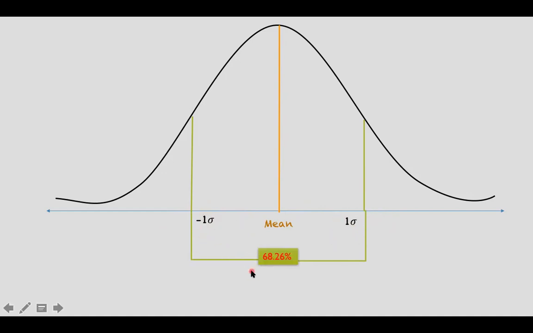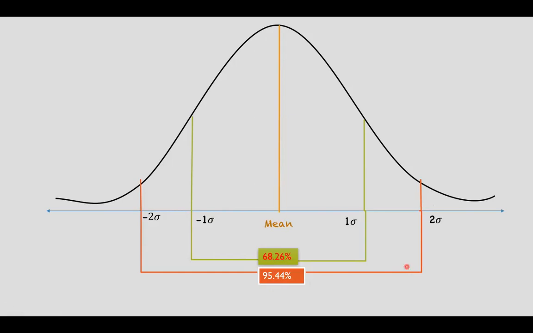It is equal to 95.44%. We can say that if we have observations or cases, the number of cases that lie between -2 to +2 standard deviation is 95.44% of observations.